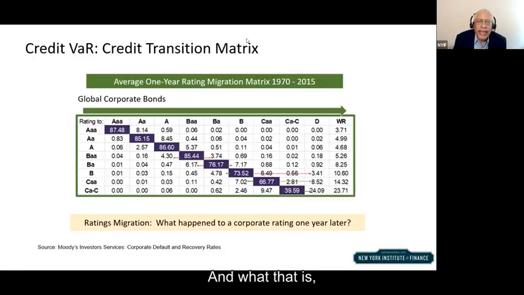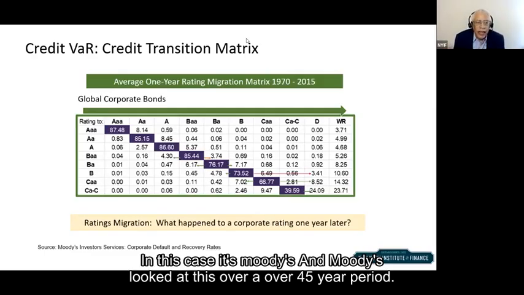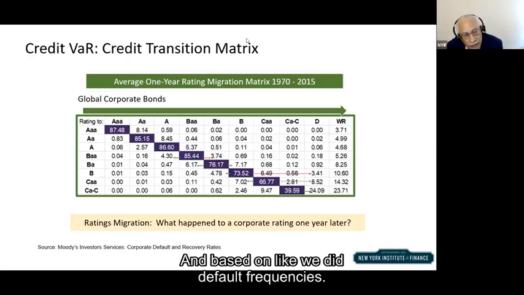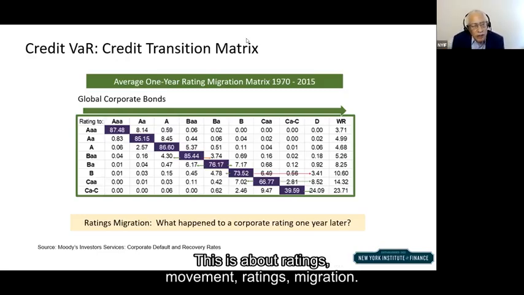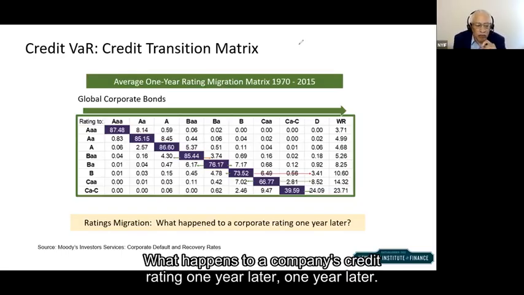Transition matrix. This is information that's provided by the rating agency, in this case Moody's. Moody's looked at this over a 45-year period. And like we did for default frequencies, this is about ratings movement, ratings migration. What happens to a company's credit rating 1 year later?